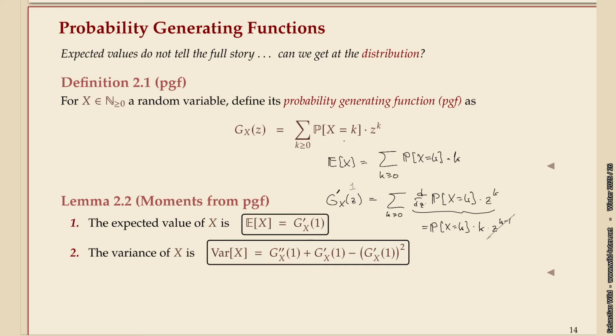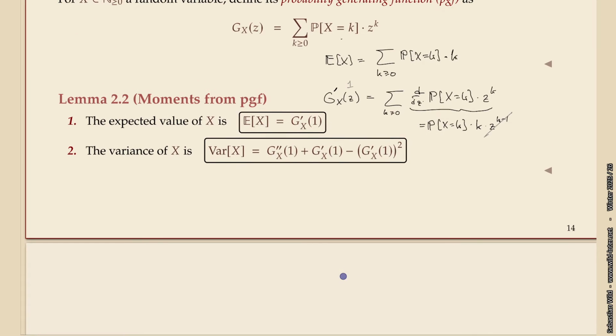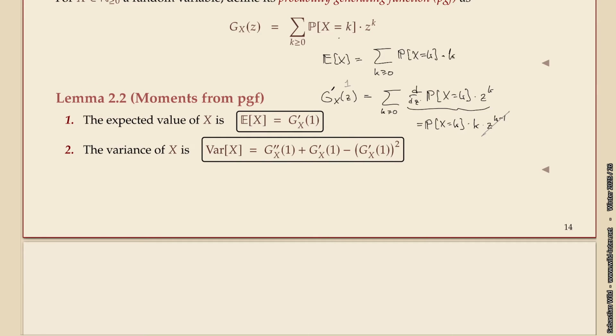So that's cute, but maybe not so exciting, because we knew how to get expected values even before this. The nice thing is it also works for other moments, and we'll look at the variance as an example. And there, the formula looks a bit more annoying to memorize, but maybe you don't even have to.